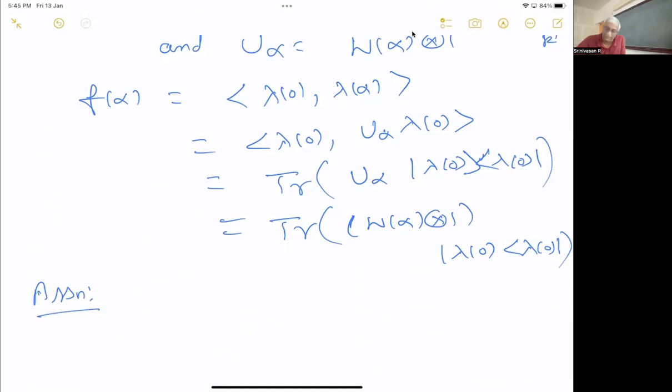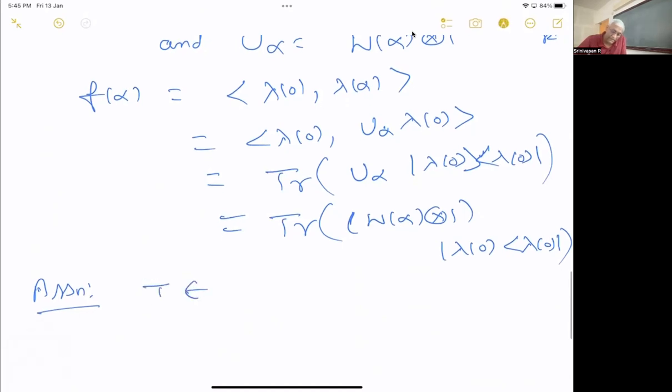If you have two Hilbert spaces, H1 tensor H2, suppose T is an operator in B of H1 tensor H2, a trace class operator.